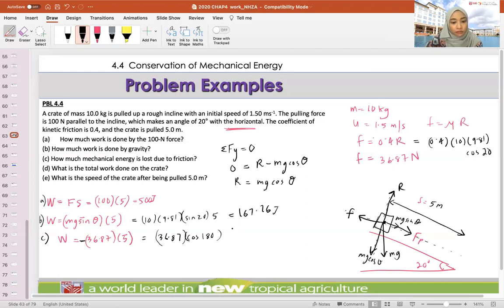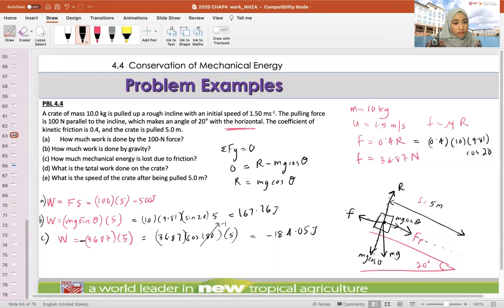It's the same, the answer will be negative 1. So that is 184.04. We are losing this much. This is what we're losing. This is in joules.